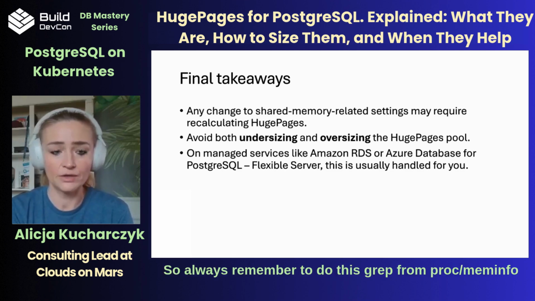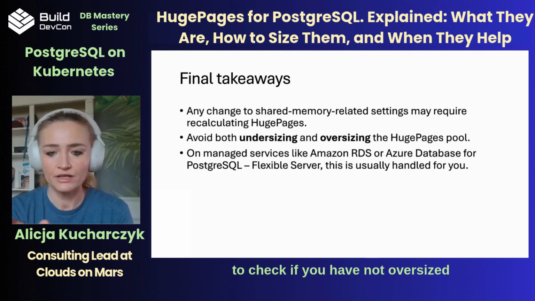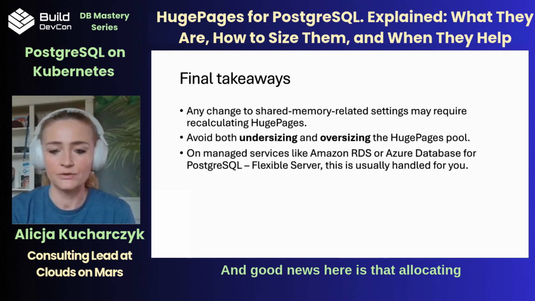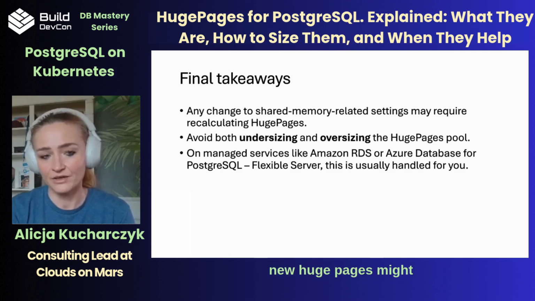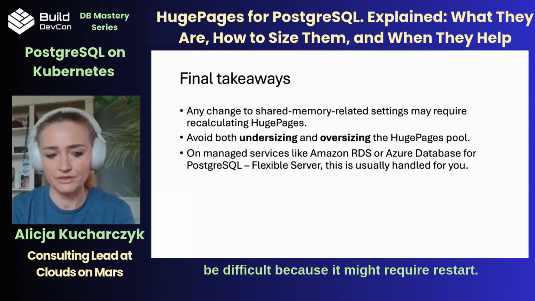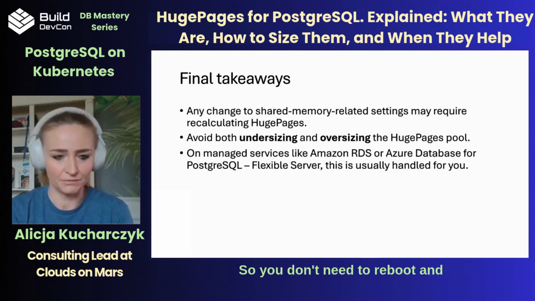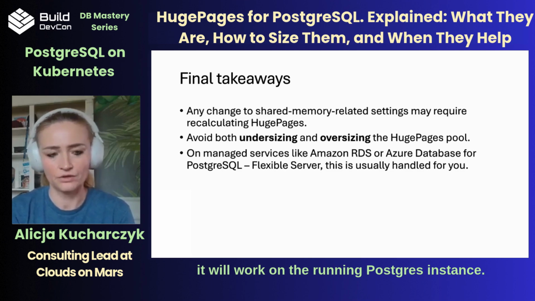So always remember to run this grep from /proc/meminfo to check that you have not oversized the HugePages pool needed for your Postgres server. And the good news is that allocating new HugePages might be difficult because it might require a restart, but lowering the number is a dynamic operation, so you don't need a reboot, and it will work on the running Postgres instance.